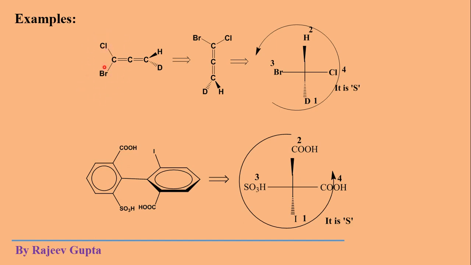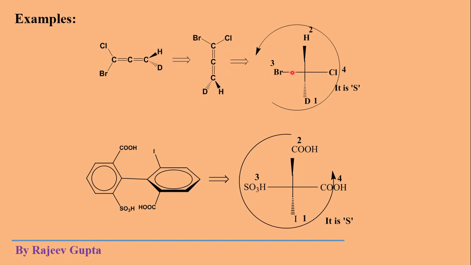Chlorine, bromine, carbon, carbon, carbon, these five atoms are considered here as planar, present in the plane of the paper or plane of the screen, and hydrogen is present above the screen and deuterium below the screen, meaning wedge and dash. So this planar portion should be put upside and the wedge dash portion at the lower side.